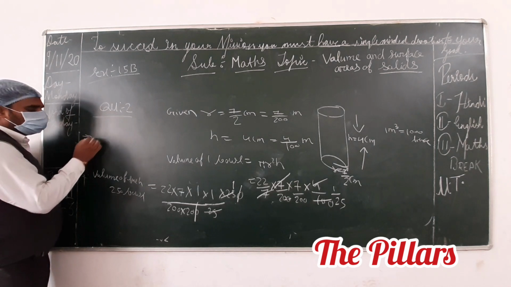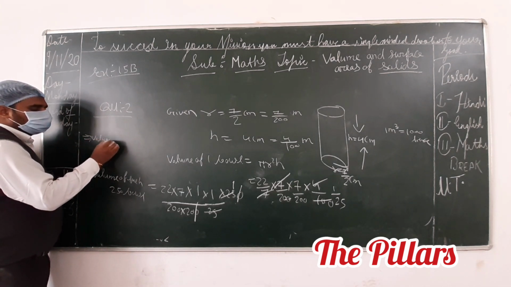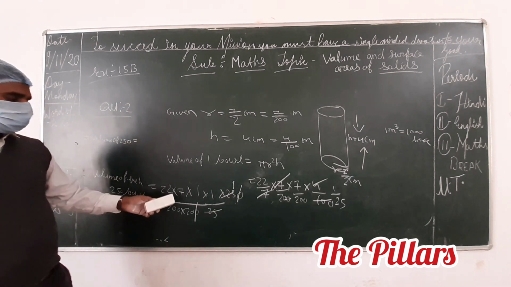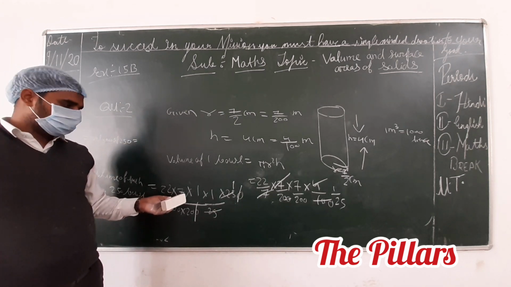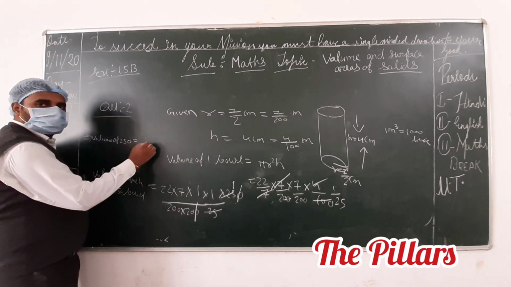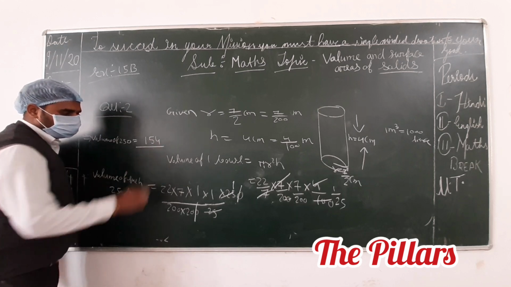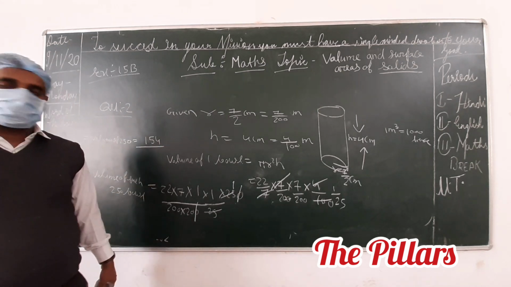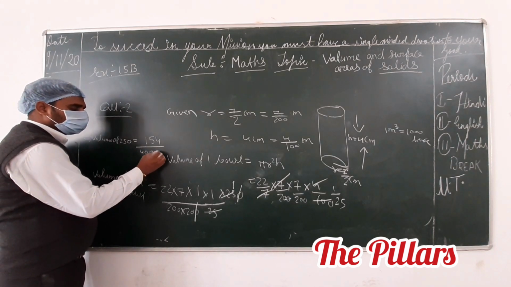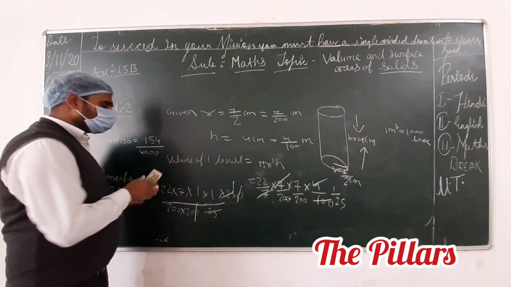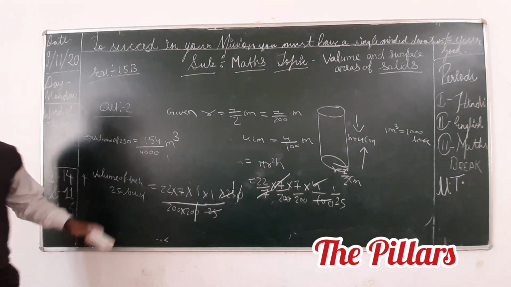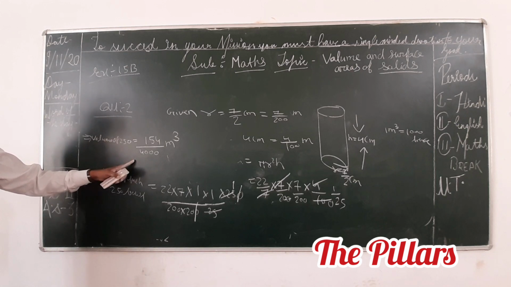This implies that the volume of 250 bowls is 22 into 7 into 7, which is 154, divided by 200 into 20, that is 4000. This is the volume in meter cube. Clear? Anyone have any problem?